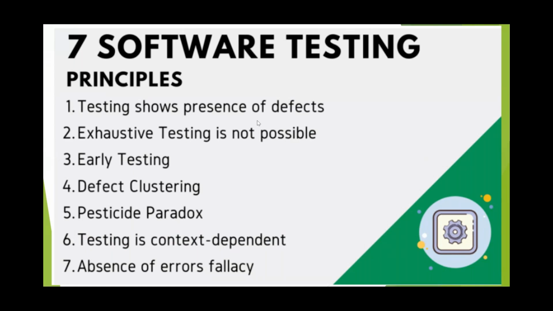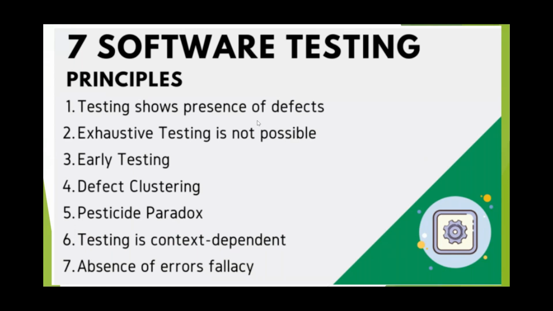Even if you are testing, we can't 100% assure that the software is defect free, because it might have some defect that is undiscovered, or that might arise in the future. Just because we couldn't find it doesn't mean that it has no bugs.